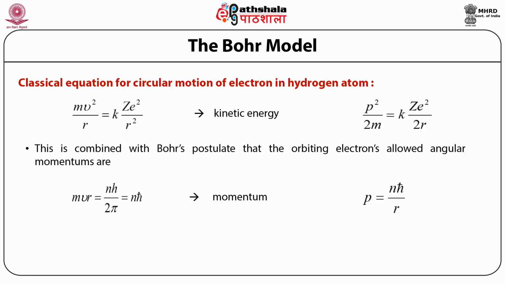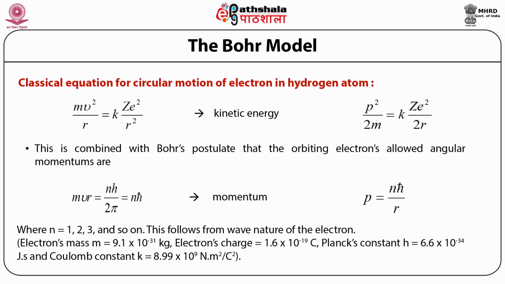The first equation has to be combined with Bohr's postulate. And what is Bohr's postulate? It tells you that the orbiting electron's angular momentum is quantized, as it is called. That is, in the previous slide we learned that m v r is the angular momentum of the electron. So that must be an integral multiple of h by 2 pi, where h is Planck's constant. It is usual to denote h by 2 pi by h cross.